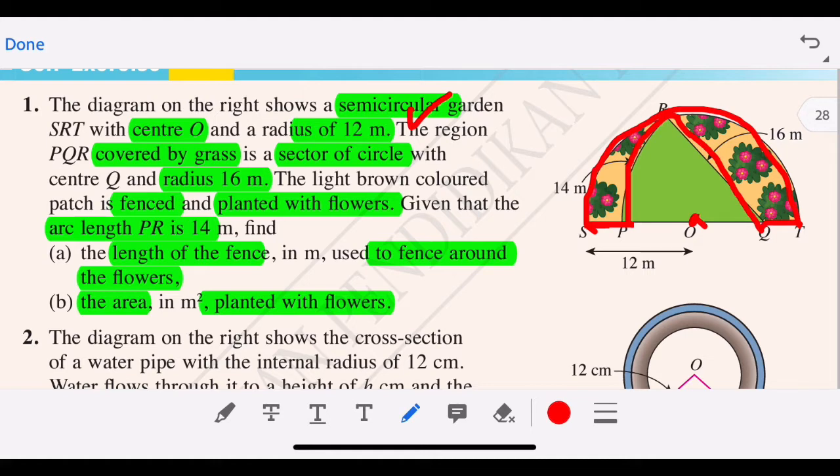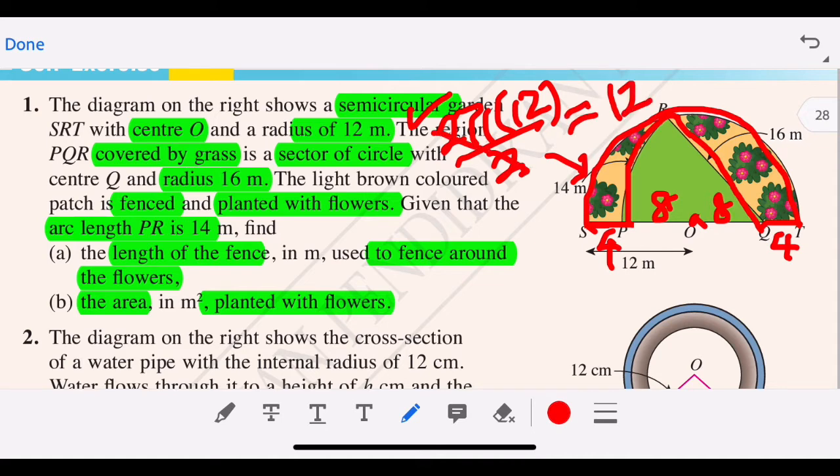From here, the sector covered by the grass has radius 16 meter, right? So here is 8, so here should be 4. That is how I work out the 4 meter and 4 meter. For the semicircle, it is 2 pi r, which is 12 divided by 2, because semi is half of the circle.